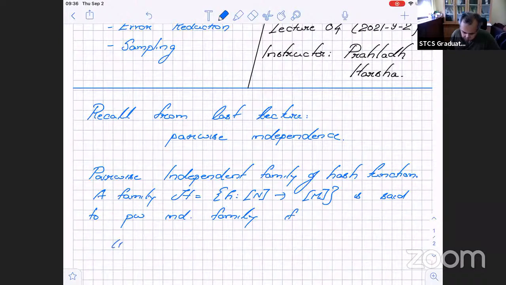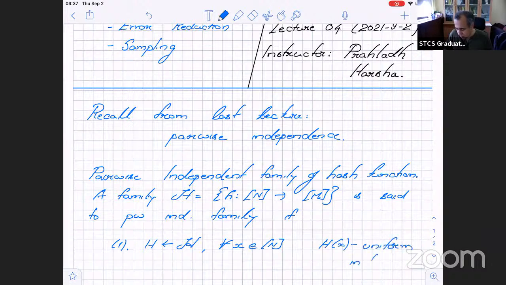One, if you pick a random h from this family, it's a collection of functions. It could be the collection of all functions from n to m, but it's some subcollection of functions. But if you pick a random function from this class, then for all x in n, the distribution of h of x is uniform. Basically, it's distributed according to U of n.